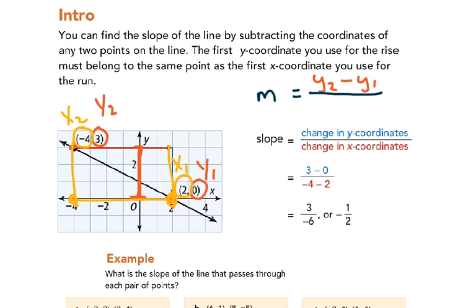So the formula, x2 minus x1. This formula right here is very, very, very important for you to know. All right, so let's take a look at some examples here.